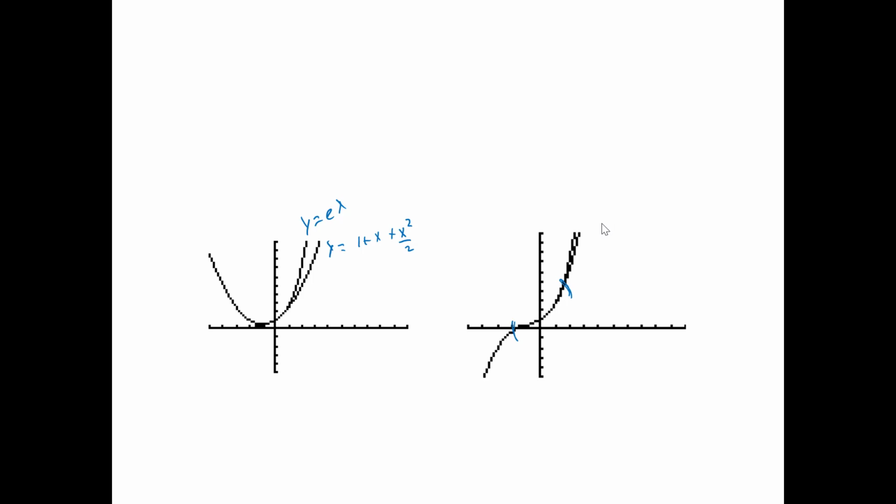And here we have y equals 1 plus x plus x squared over 2 plus x cubed over 6. Okay, and so we see that we made this a little better by adding this extra term. We've extended the interval over which the graphs look relatively close.